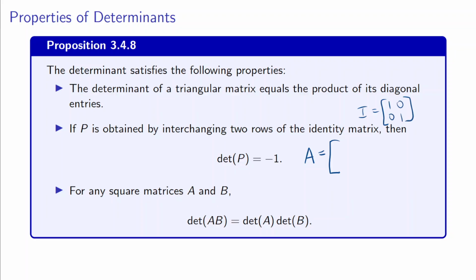If we interchange the 2 rows, we'd end up with this matrix. That transformation essentially would just be flip-flopping the x and the y, and so we would be reorienting things. The orientation would change, and we would end up getting a negative value. The same kind of idea extends to higher dimensions, 3 by 3, 4 by 4, and so on.